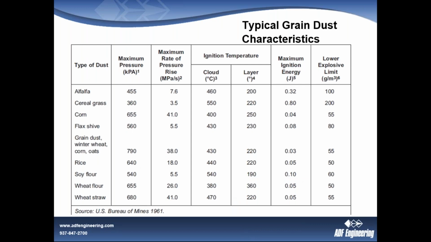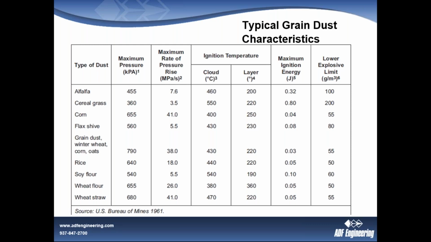So here's a table that I believe they've removed this now, but this was in NFPA 68, where a lot of the design requirements for combustible dust existed. And what I want to point out in this particular table is that you'll see the source down at the bottom. This came from the U.S. Bureau of Mines in 1961. So these are grains.